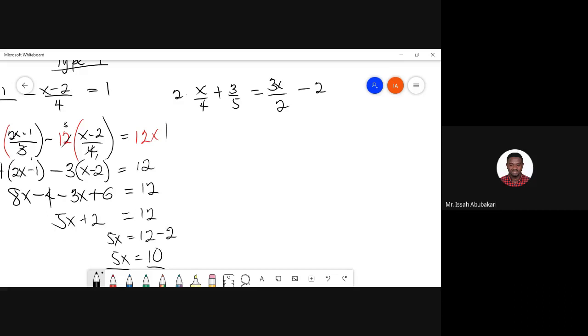20. With 20 as our LCM, 4 can cancel 20, 5 can cancel 20, and 2 can cancel 20. So let's multiply 20 by all the terms.